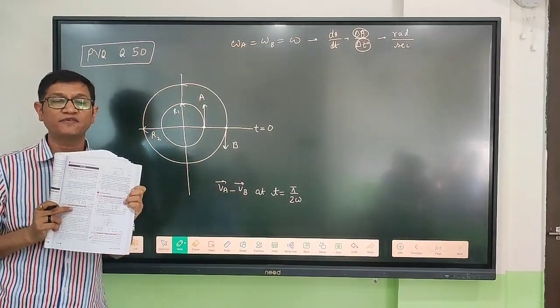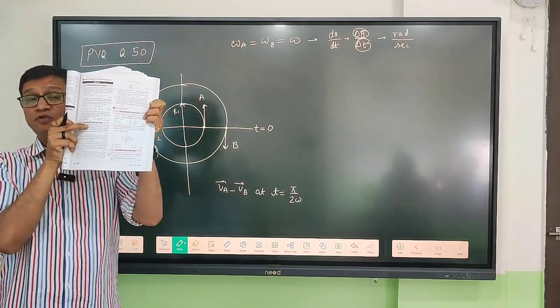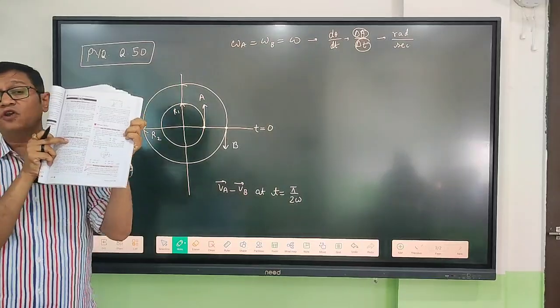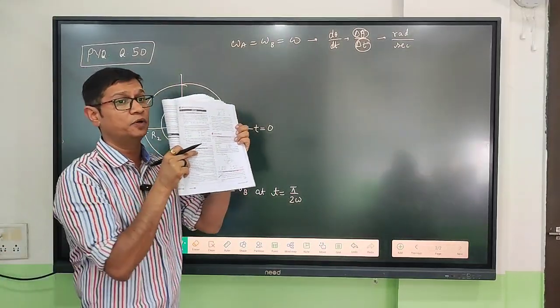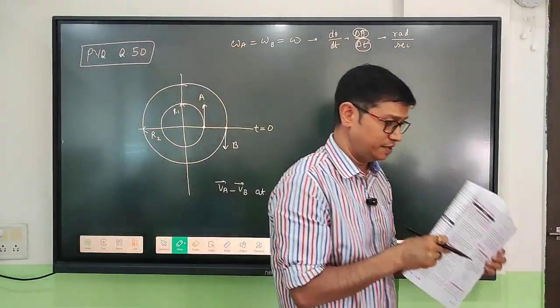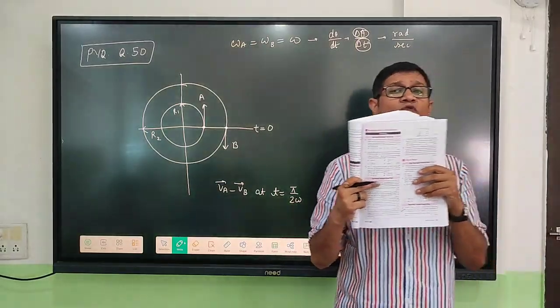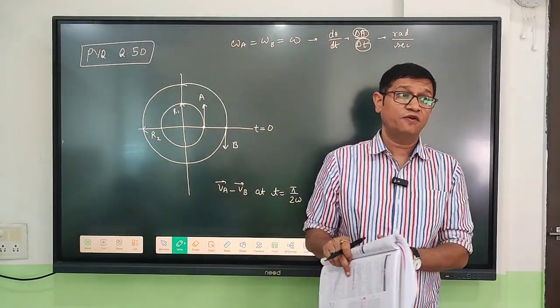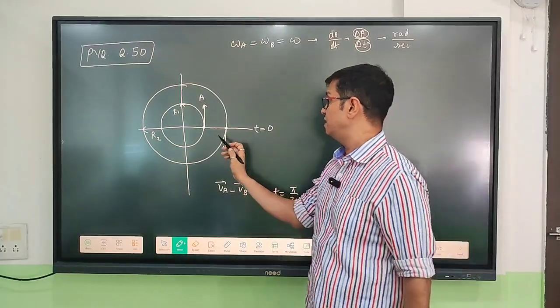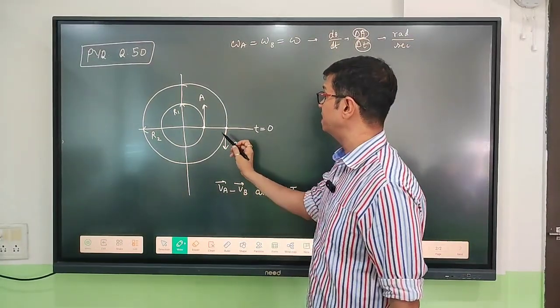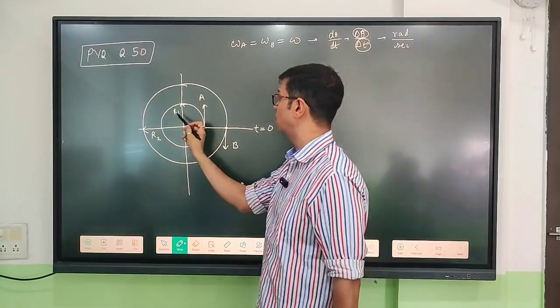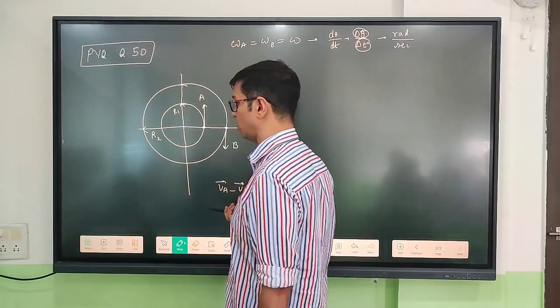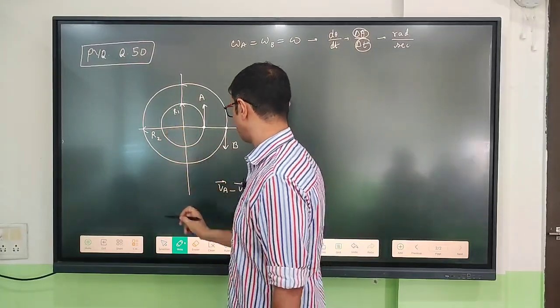The reason you have to make yourself comfortable with ij, they are giving you the option also in ij. So if you are not comfortable with ij, you will not be able to tackle these problems. So it's kind of a hint for you to write the velocities in i and j. Va minus Vb, we don't know where this one's velocity will be, it will be somewhere here after that much time, but whatever it is, we need this.